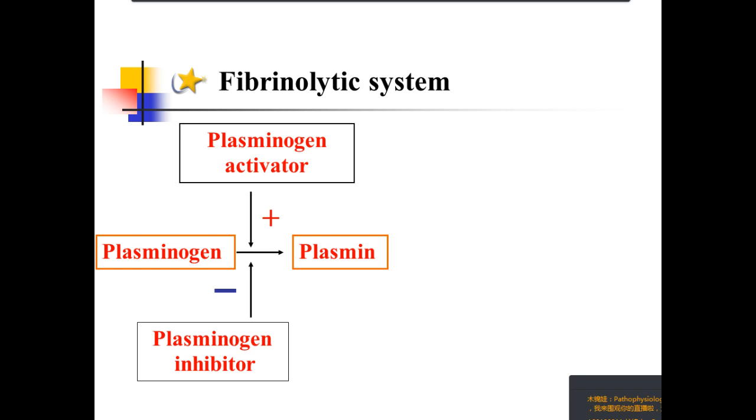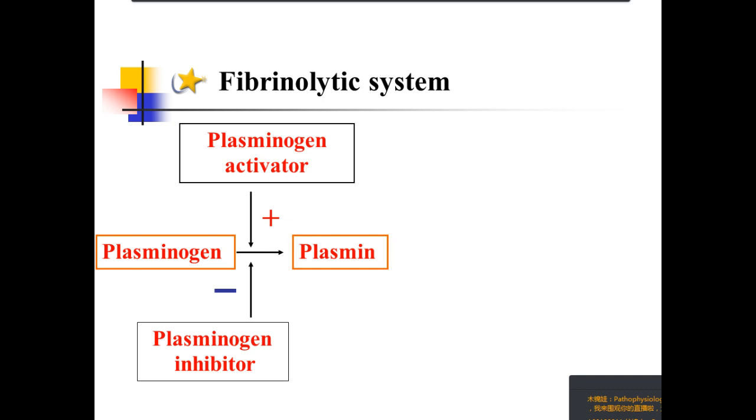What is plasminogen? What is plasmin's function? For the system to be activated, there must be plasminogen activator. In the blood, plasminogen activator increases, so it stimulates the system.